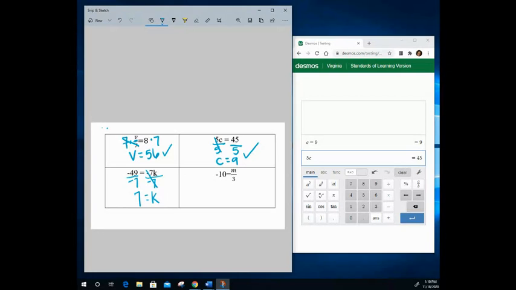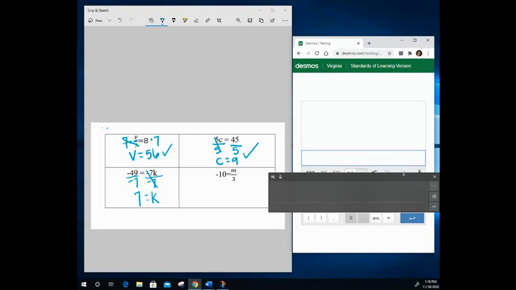Now, there are two things I want to talk about in this problem. One, notice that I did not divide by negative 49 on both sides. That is not what was attached to the k. Attached to the k was negative 7. A second thing I want to talk about is if you struggle with your integer operations, you can use Desmos whenever you're dealing with equations.